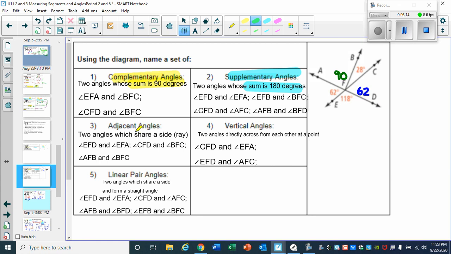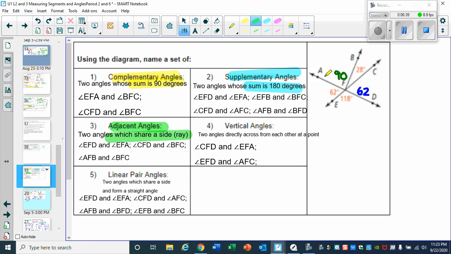Adjacent angles, so it's two angles that share a ray or share a side. So EFA, EFD, they share this side right here. That's one example. CFD, BFC, that's another one.